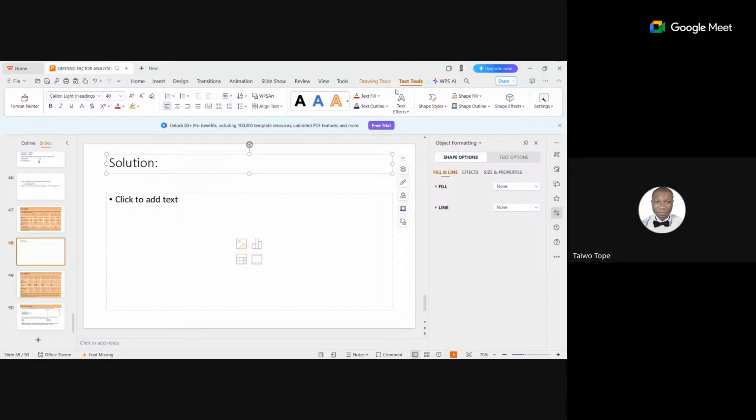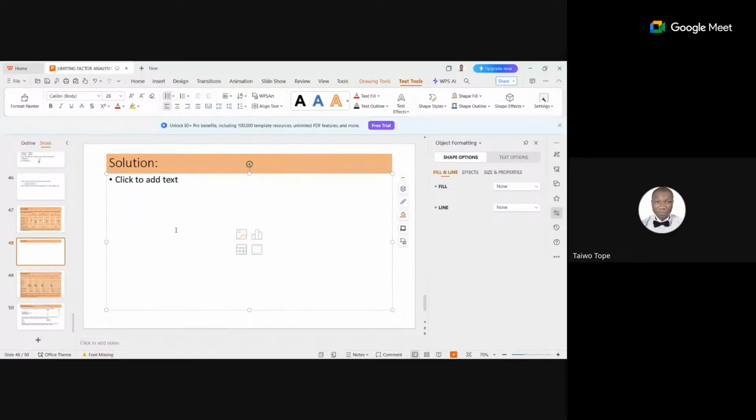So the first step is for us to identify our limiting factor, to actually see the total hours required and compare with the total hours available. In some questions, you might not need to show this step, but in most questions, you might be required to test to see if there is actually a limiting factor.